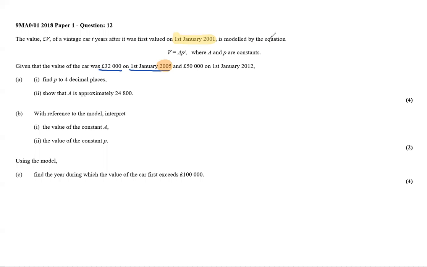So we have a difference of 4 years since the starting point. So we can say that when T equals 4, the value of the car was £32,000. So I'll just state that as 32,000 because we know V is in pounds.